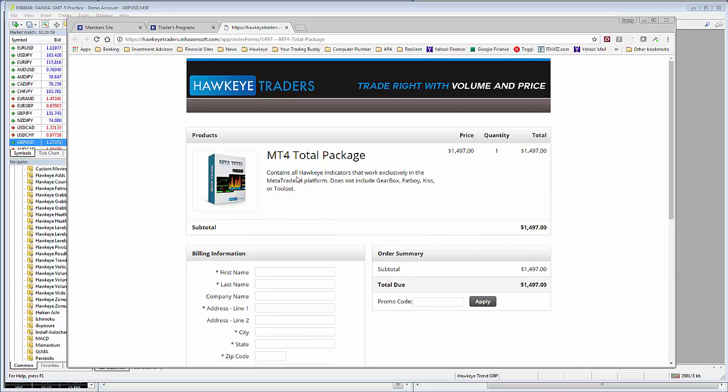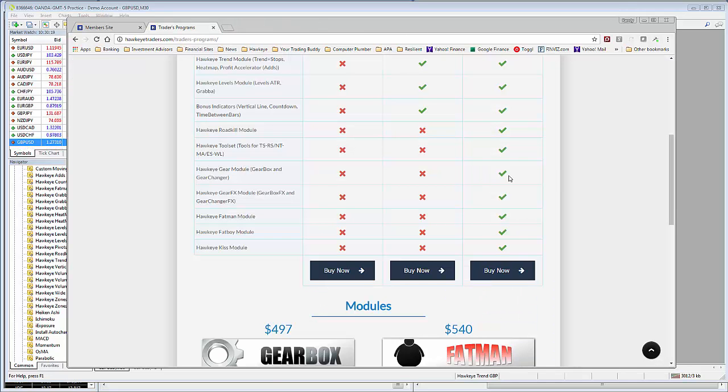It's all the tools that are exclusively made for MT4, but it does not include the gearbox, the Fat Boy, the KISS, or the tool set. And so it's at a much lower price than the professional package. Okay, so just to let you know.